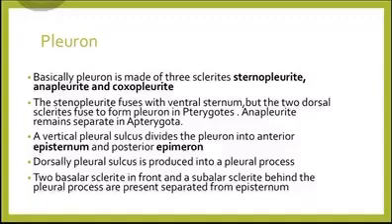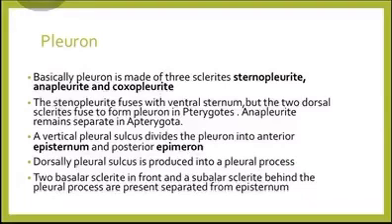Now, there is a vertical pleural sulcus which divides the pleuron into the anterior episternum and the posterior epimeron. Dorsally, this pleural sulcus is produced into a pleural process which articulates with the wing base.